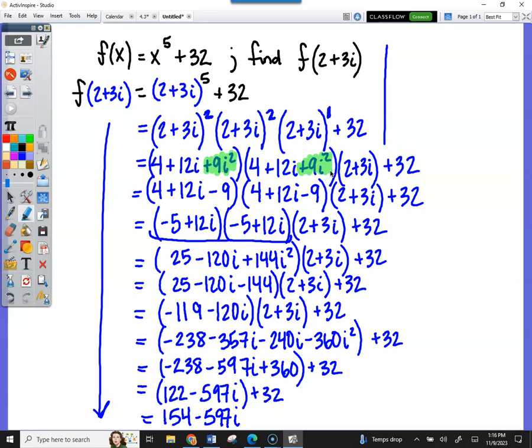Cleaned it up, condensed it. Then I had the exact same thing times itself, which is the same thing as the squared. Multiplied it out, cleaned up the i squared, which becomes a negative, combined like terms, and then multiplied the last set together, cleaned up the i squared, combined like terms, and then added 32. See, this all makes sense.